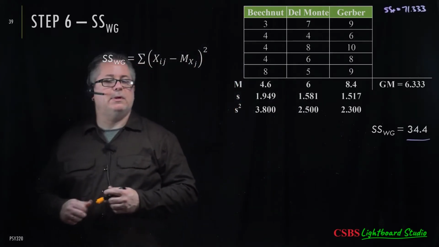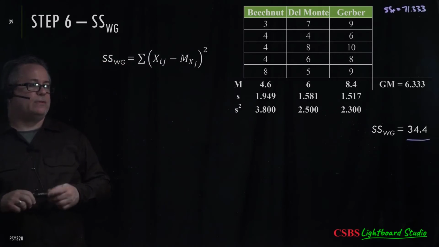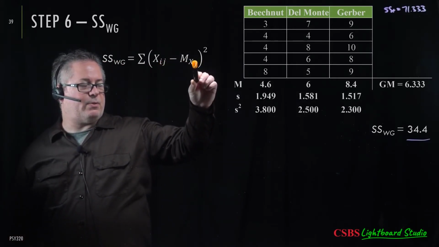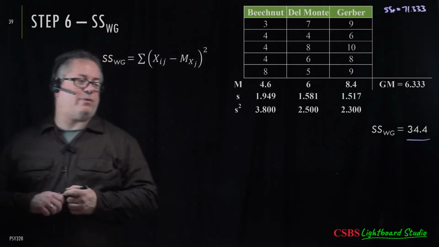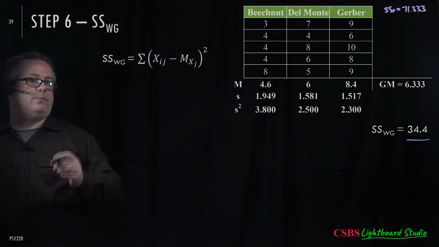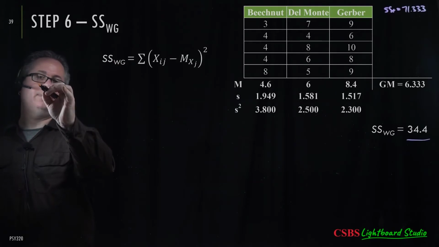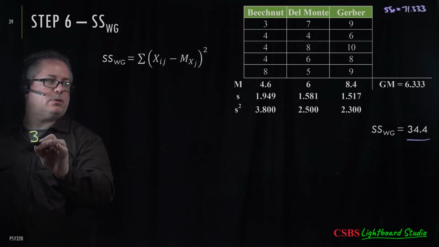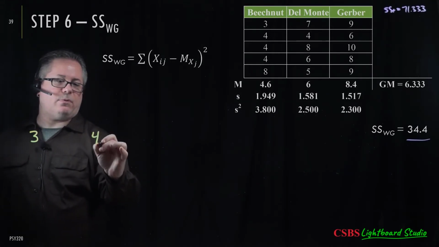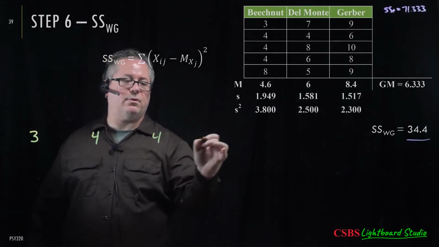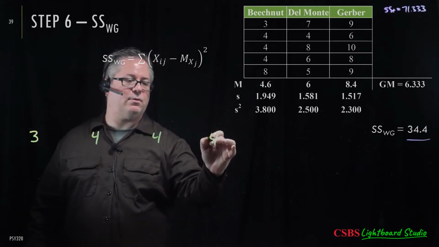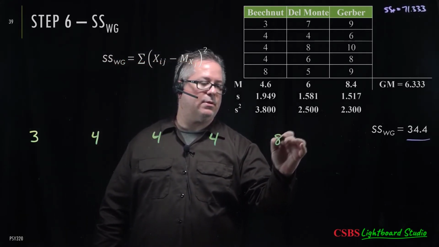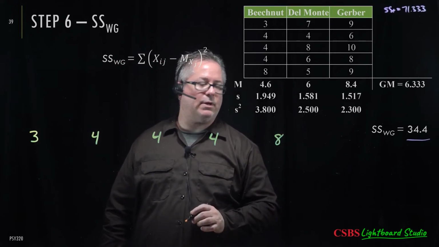This one has a similar setup in that we're doing it for every single score, but instead we're going to subtract out the group mean instead of the grand mean. So I'll do it down here again. 3, 4, 4, 4, 8.